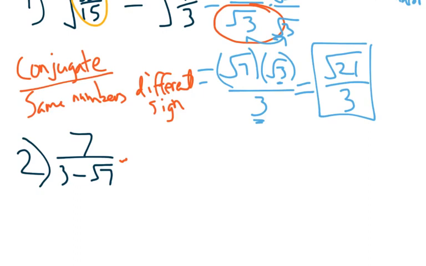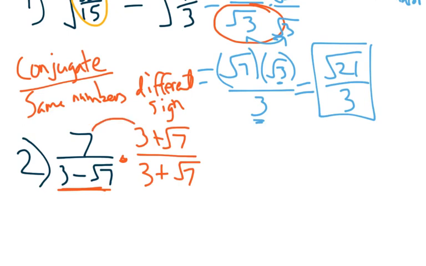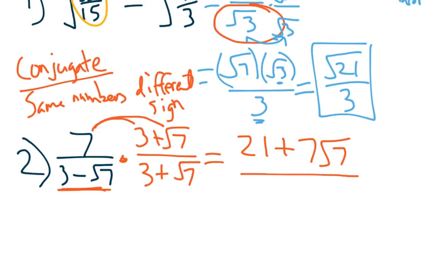So to get rid of this part right here, I'm going to use 3 minus square root of 7, but the conjugate, I change the sign in the middle. And so it becomes 3 plus the square root of 7. And if I'm doing this to the denominator, I have to do this to the numerator as well. Now I get a foiling problem. So I'm going to distribute this to those two terms, and that will give me 21 plus 7 square root 7 over, and then I'm going to FOIL this.